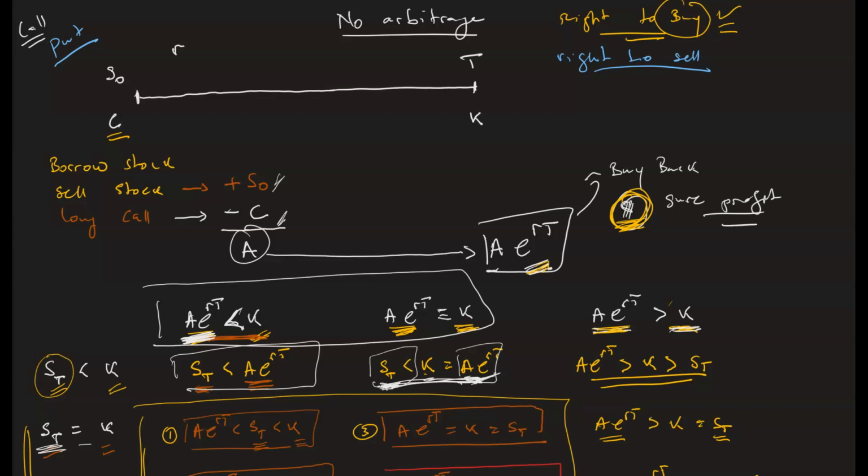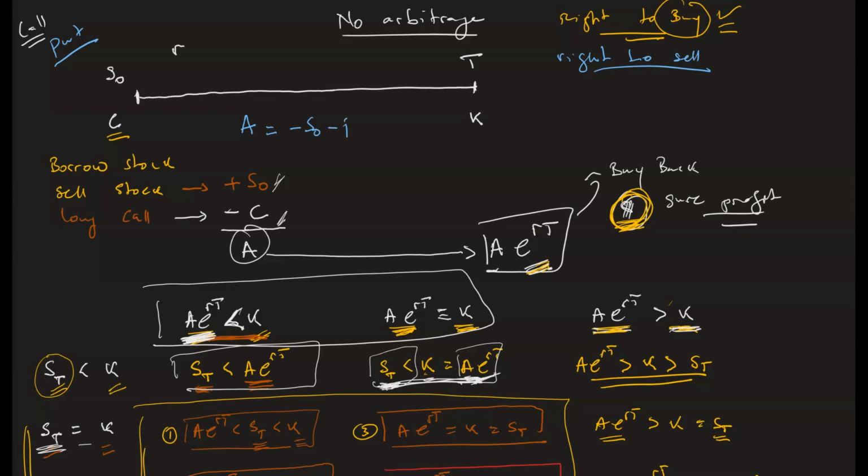And so the way we're going to own the asset today is by borrowing a value A that would allow us to buy the asset today by spending S0, and also at the same time take a long position in a put option contract.